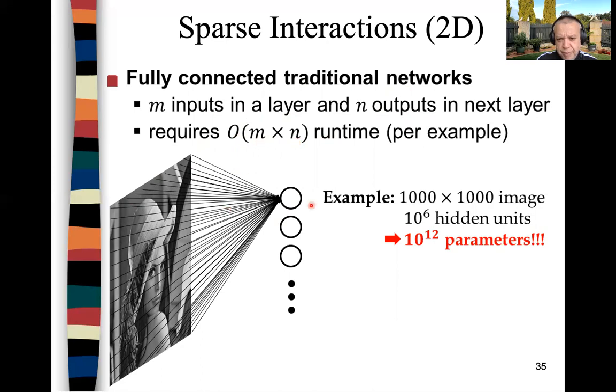For example, if you have a 1000 by 1000 image, 1000 pixels by 1000 pixels, and you have 10 to the power 6 hidden units, you would require 10 to the power 6 multiplied by 10 to the power 6, which is about 10 to the power 12 parameter weights that you would need to determine.